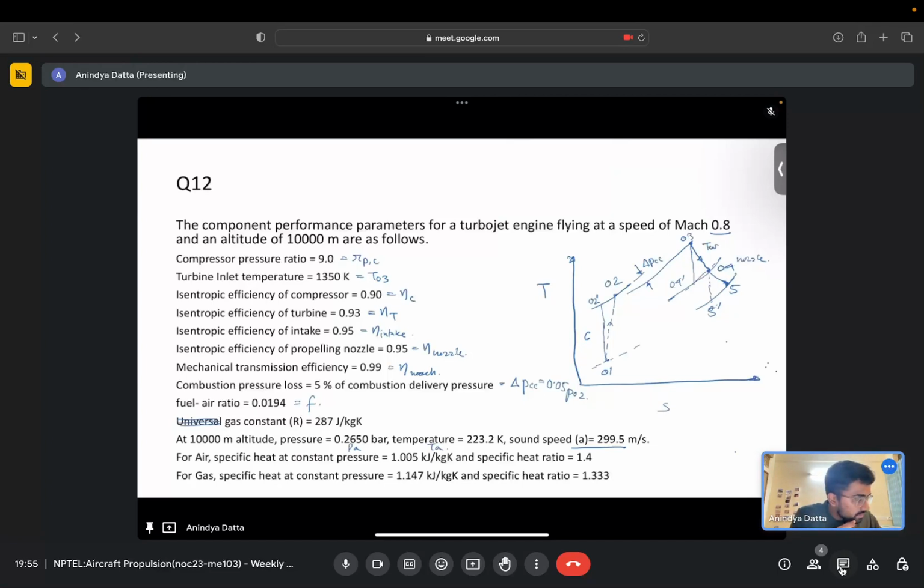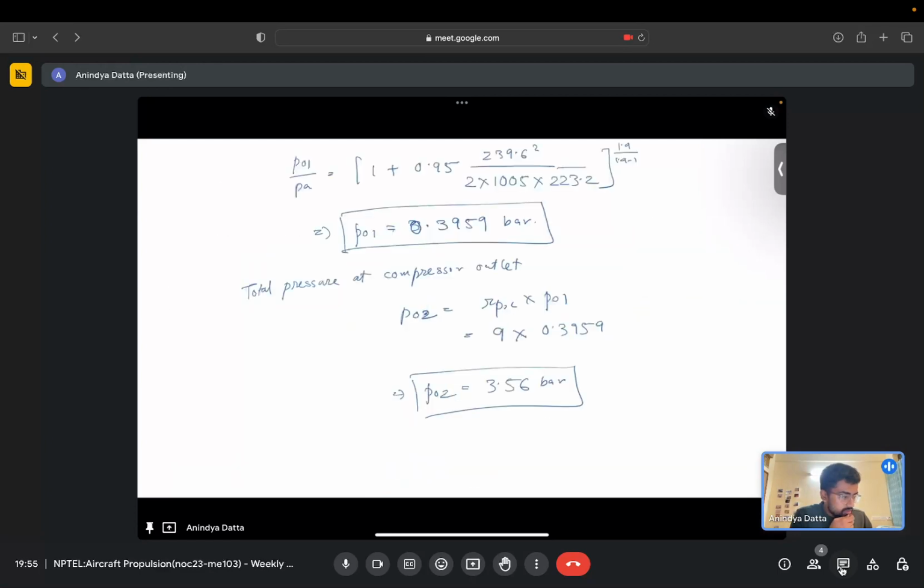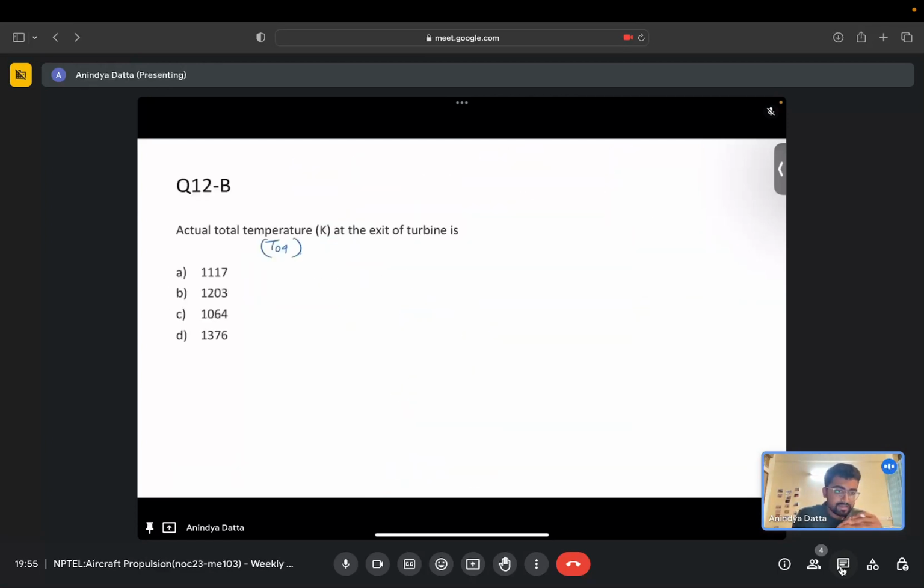This is our compressor, turbine and nozzle. We have to find how much expansion is happening across the nozzle. For that we need the turbine pressure ratio and temperature difference across the turbine, so we have to do work matching between compressor and turbine.